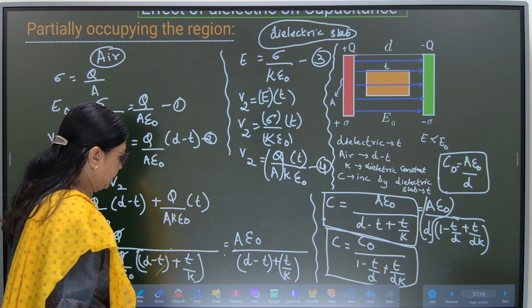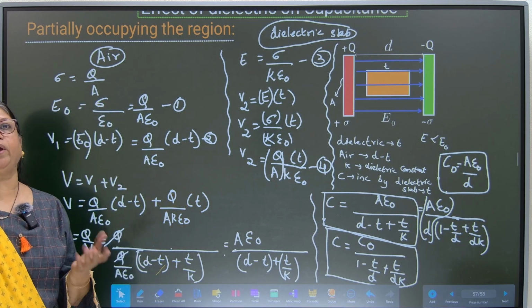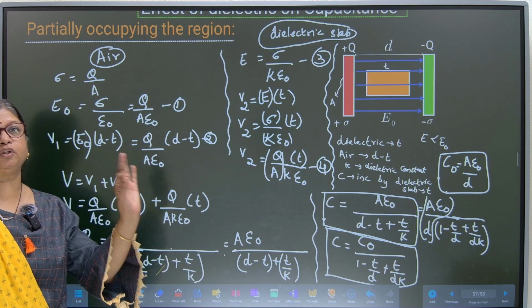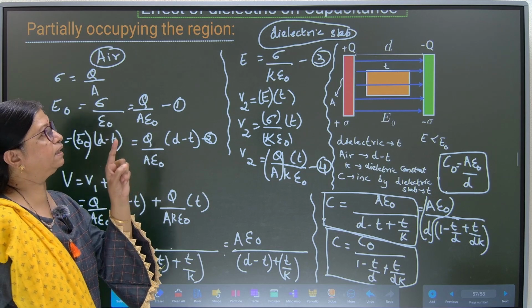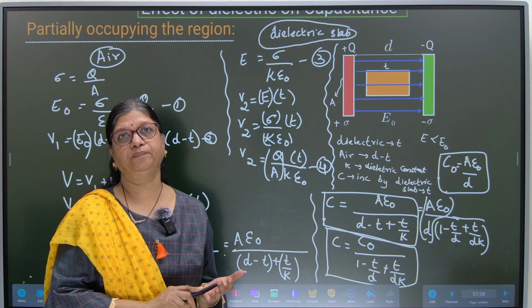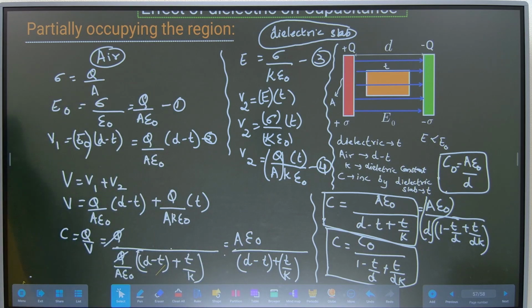Yes, now you can take a pic. Okay. We shall move to the next page where the same procedure we shall do, but instead of a dielectric slab, we will place a conductor slab between the two plates of a capacitor. So keep watching till the end. Take a pic.